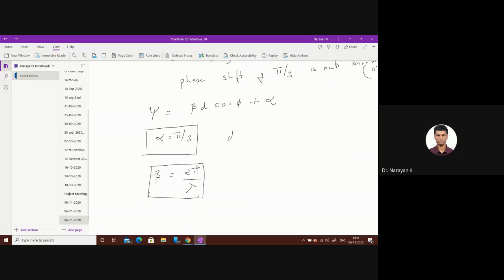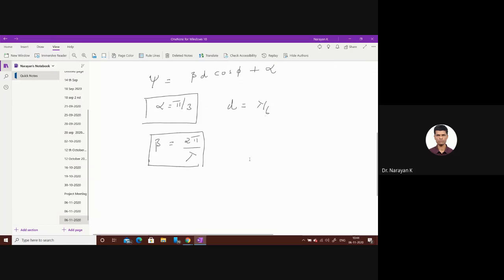So what is the value of d? Lambda by 6. So substitute this in the above equation and find the value of psi. So psi will be equal to beta, which is 2 pi by lambda, times d, which is lambda by 6, times cos phi, plus pi by 3.